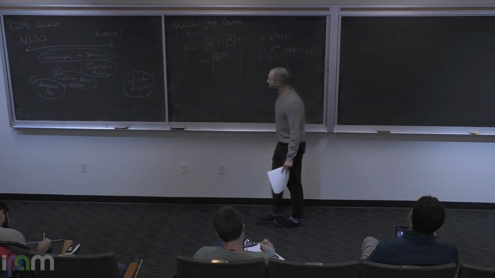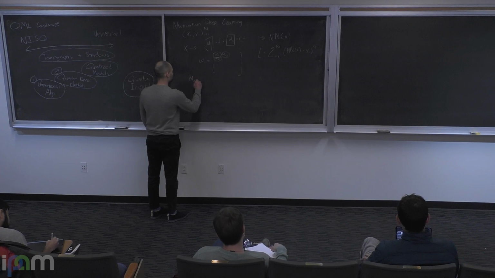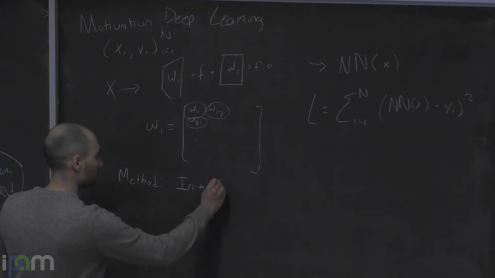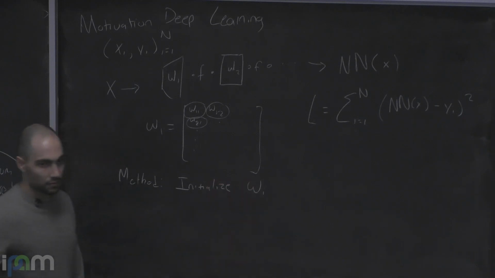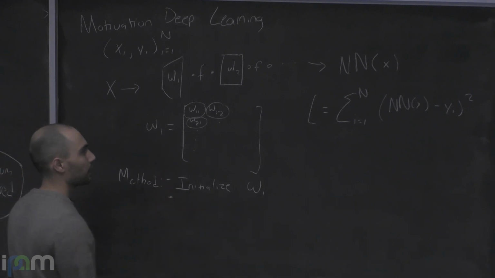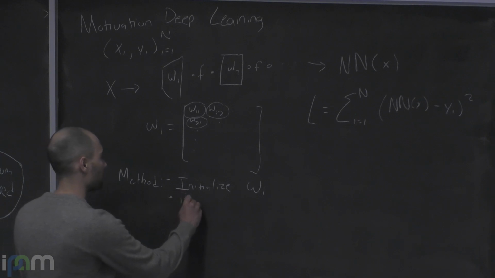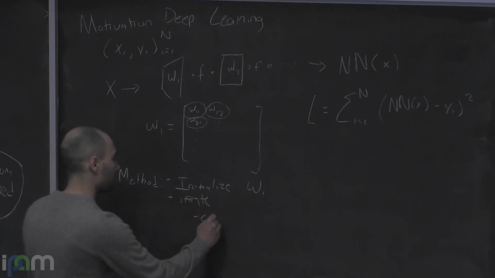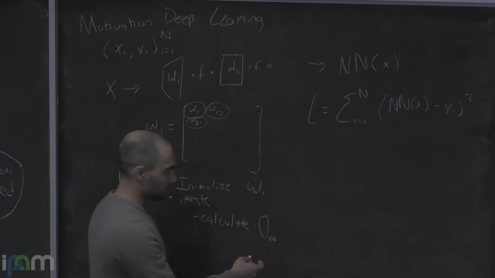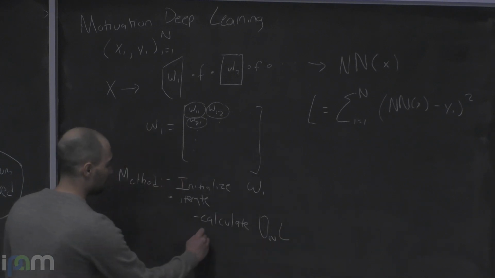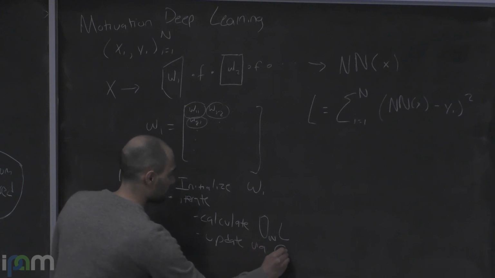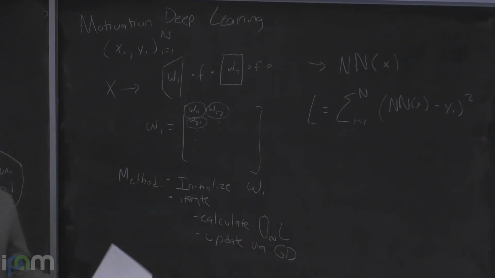The methodology is: initialize these weight matrices randomly, and then iterate the following: calculate a gradient of the loss with respect to your weights, your parameters, and then update via GD, gradient descent.